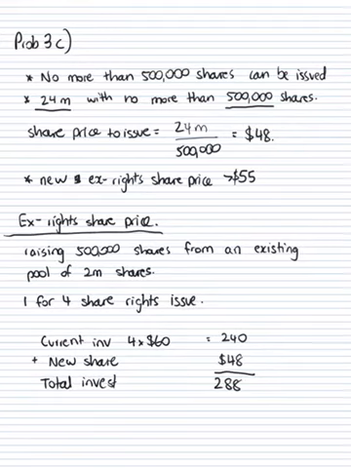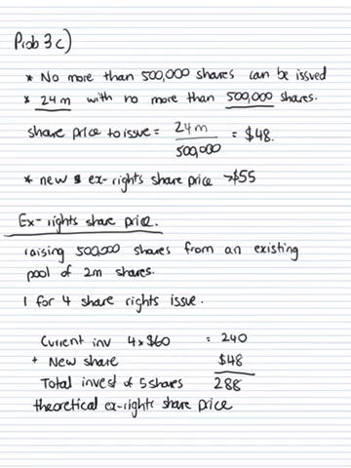That's my total investment of 5 shares. So the theoretical X rights share price is the 288 divided by 5, which is $57.60.